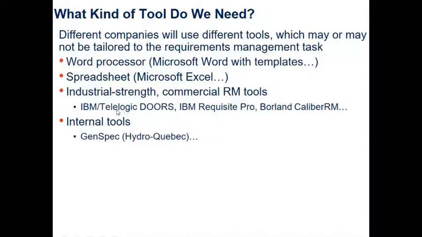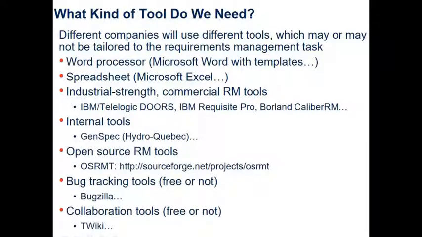For example, you have IBM's Telelogic, IBM's Requisite Pro, and others that are used in industry. Or you could have internal tools. You can have open source requirements management tools. You can have bug tracking tools, which could be free or could be proprietary. You can use collaboration tools, again, which could be free, available, or proprietary.